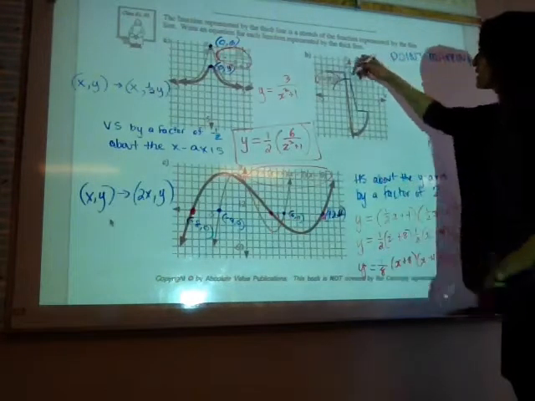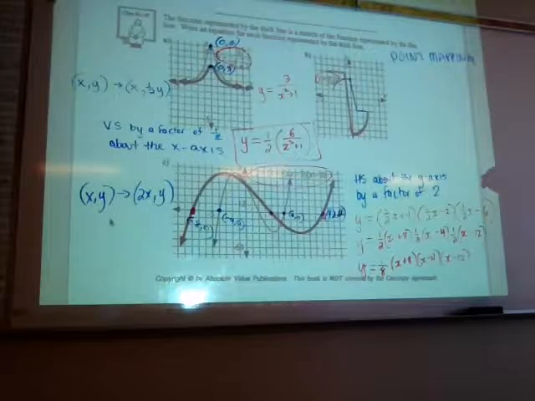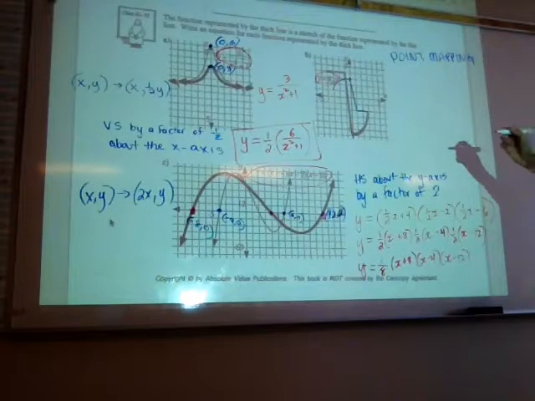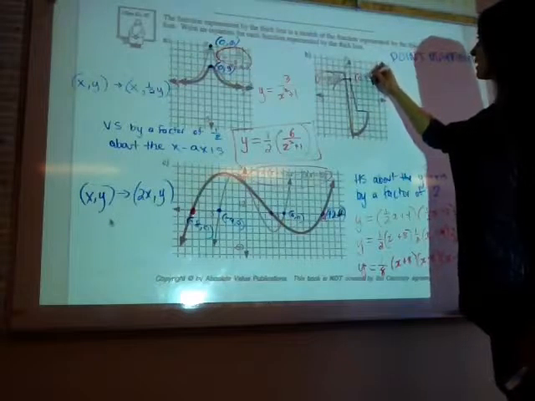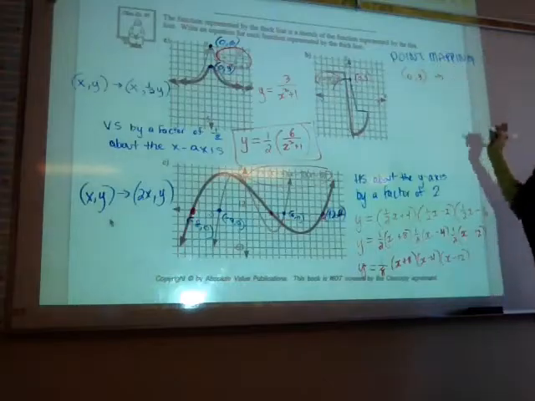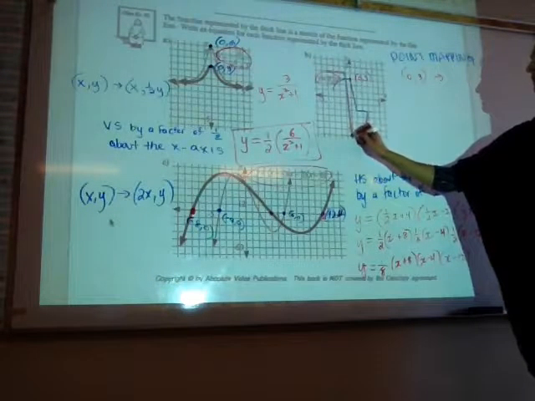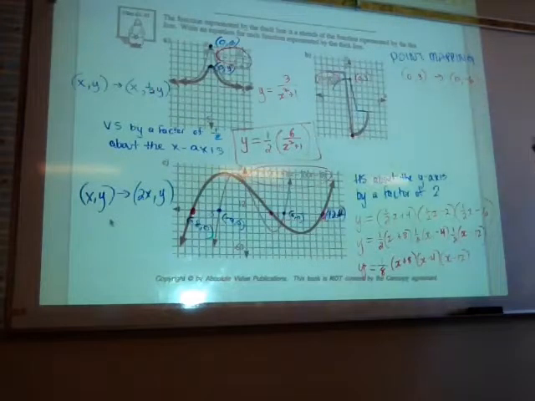Okay, so why don't we take the vertex of where that curve is, and we'll look at the point. It starts at, what is that, 0, 3? Yeah. Okay, so 0, 3. Where is it now? It's at 0, negative 6.